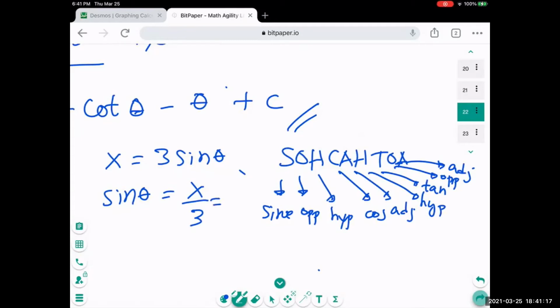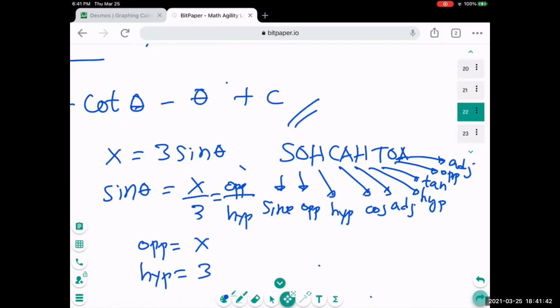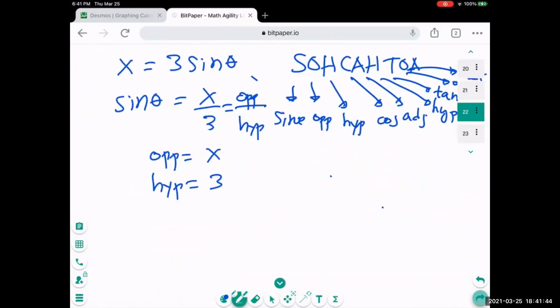So ibig sabihin, dito sa ating equation, or yung relation ng sine theta, this is your opposite over hypotenuse. So meaning our opposite is x and our hypotenuse is 3, right? So based on that relation, we can draw the triangle. To be specific, a right triangle.